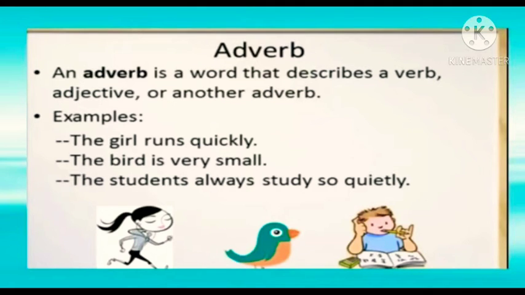Second, small is an adjective and very is describing small. So the adverb very is describing an adjective. And in the third example, the students always study so quietly. So always is an adverb which is describing study.